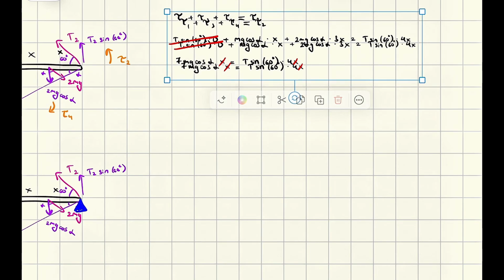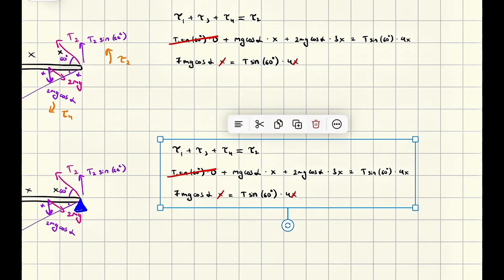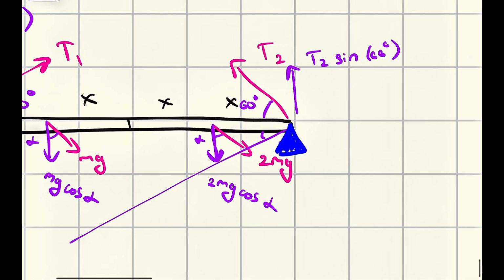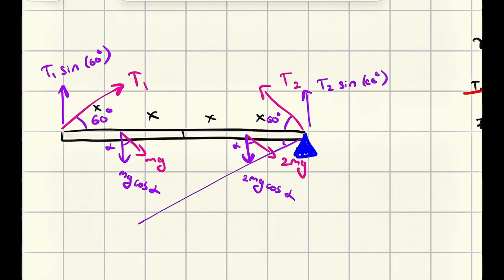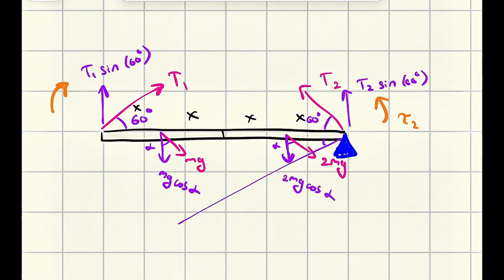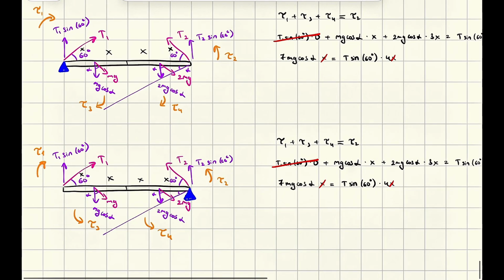Let me choose this thing, just copy it, because it's going to be something very close to it, but you will see one more interesting thing. From this perspective, this is torque 2, this is torque 1. But if you look here, this torque 3 has changed its direction. This thing also has changed its direction. That's why it's even interesting.